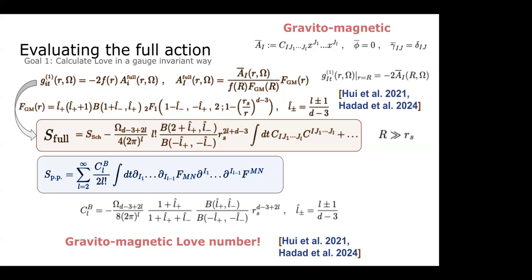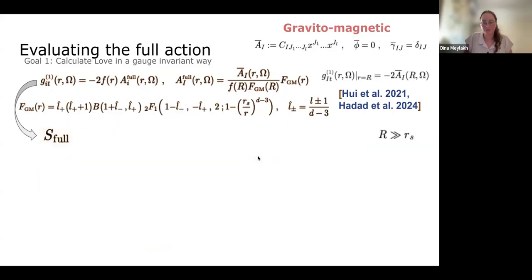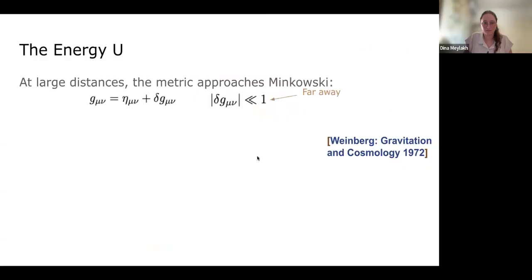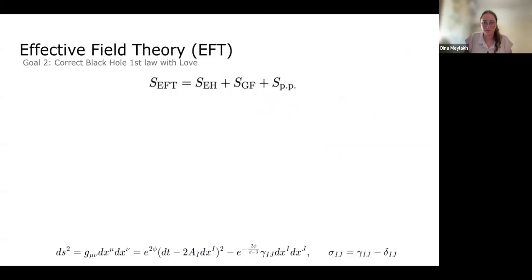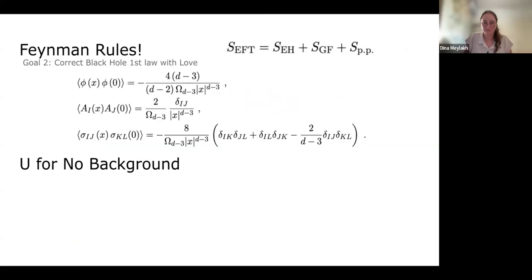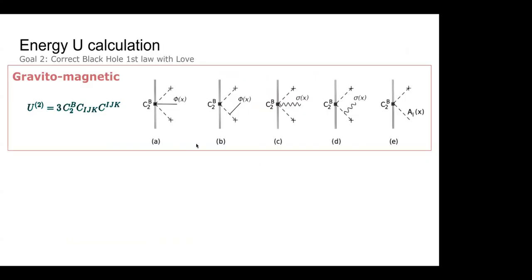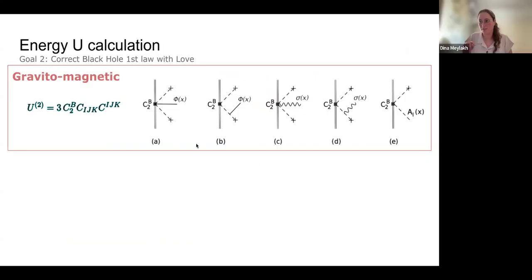Can you describe the Feynman diagram that you used for this calculation? Yeah, of course. Right, so these are the gravitomagnetic Feynman diagrams. The double line corresponds to the worldline. Any interaction with the worldline can either be with our magnetic love number or with the mass m.